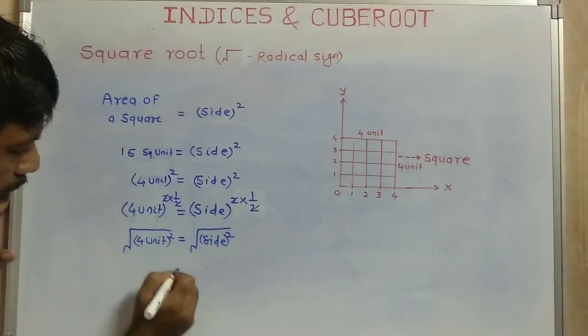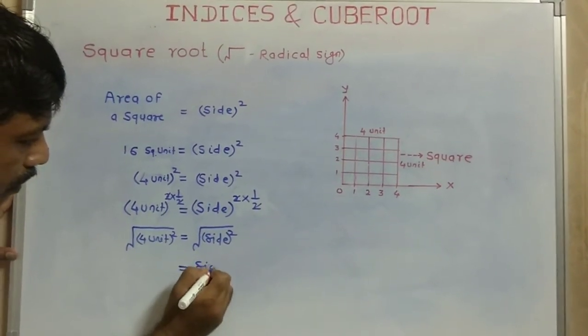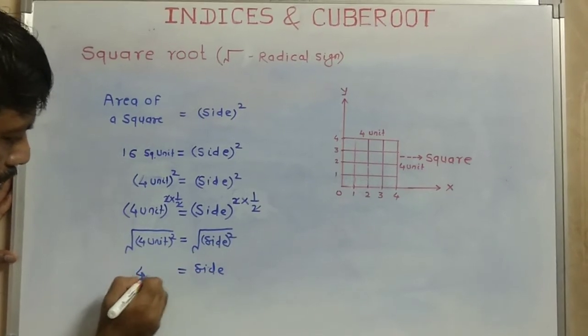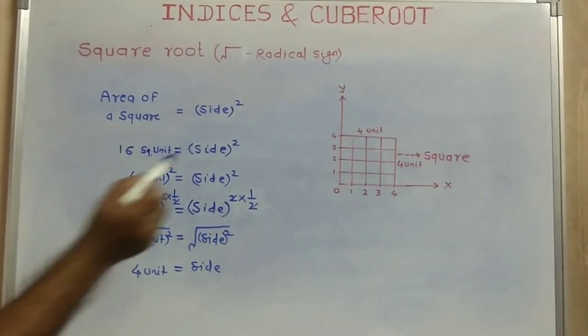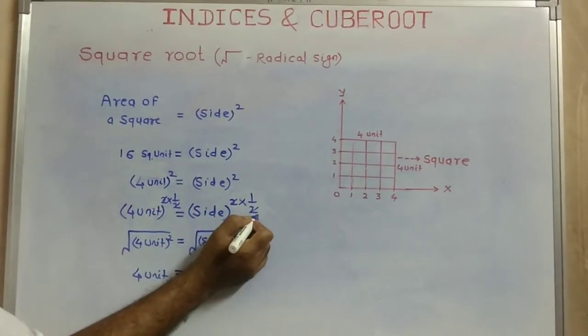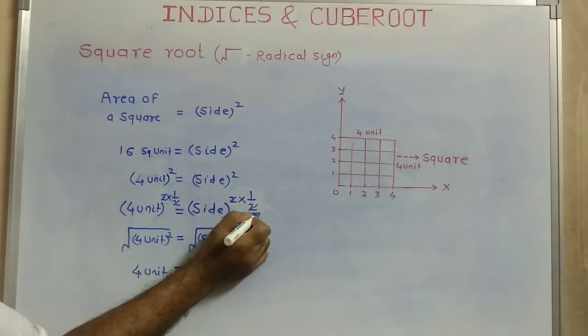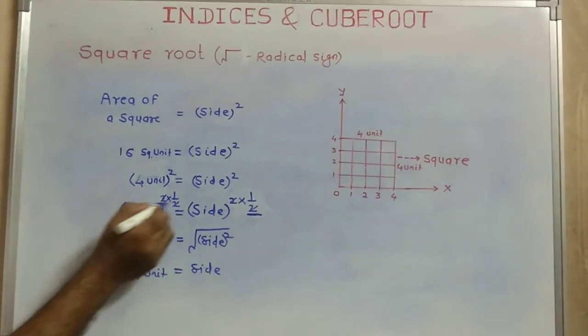Therefore, side will now become 4 unit. It means that in order to get the side, we have utilized which value? 1 upon 2.